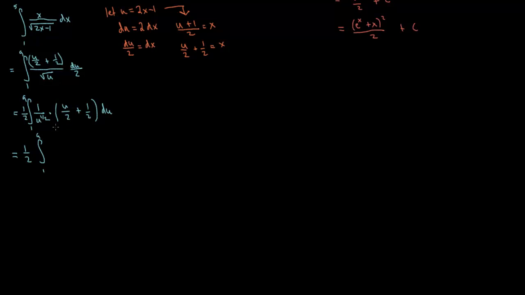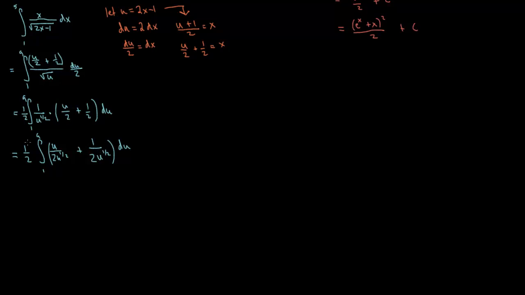Now if we distribute, we'll have (u over 2) u to the 1/2 power plus 1 over 2 times u to the 1/2 power, du.